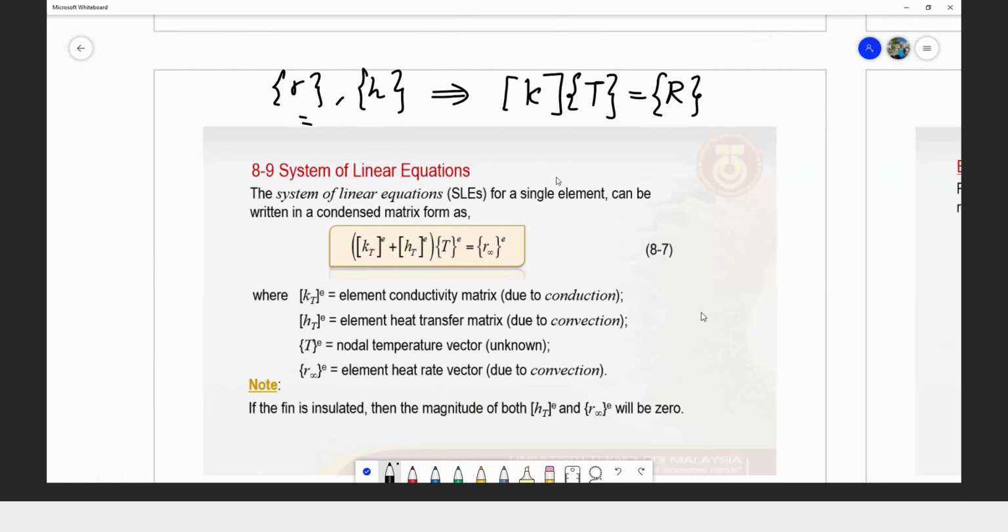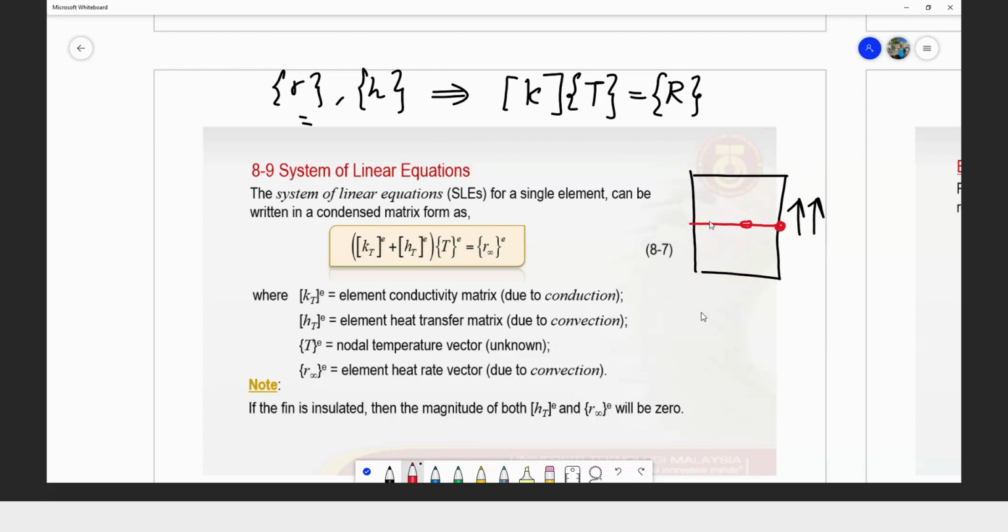Alright, if we look here, we include the effect of the convection straight away in our system of linear equations, instead of solving it differently, part by part like before. If I can recall, let's say if we have a convection occur on the surface of our wall, then the convection effect is only applied to the last node, kan?